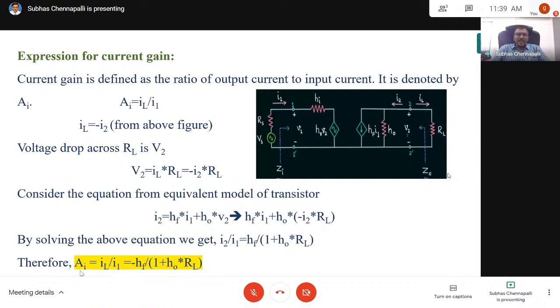This is the current gain, without considering the effect of the source, before we consider RS. Okay? So this formula you need to remember, and it is valid for all types of configuration. If it is common base configuration, it will become minus HFB by 1 plus HOB times RL. Like that.